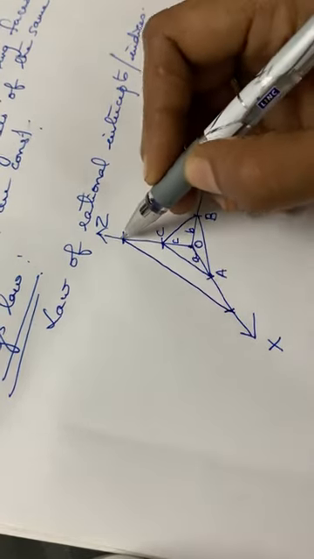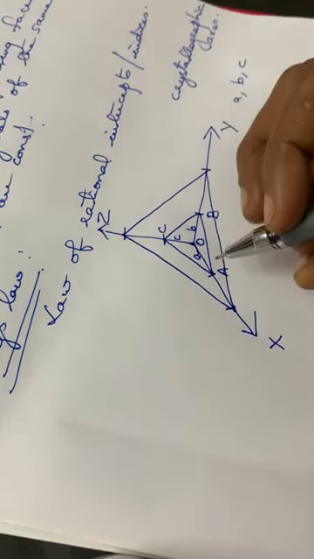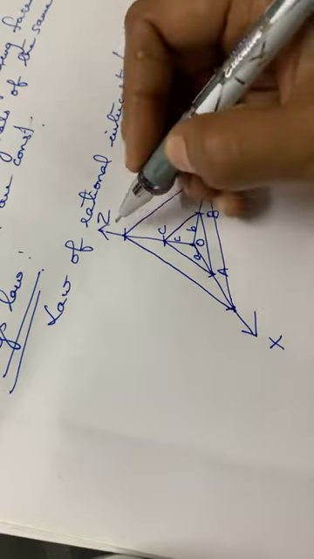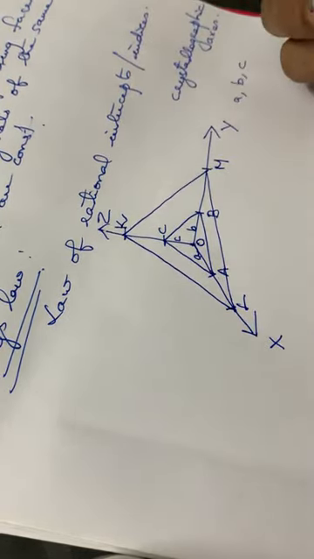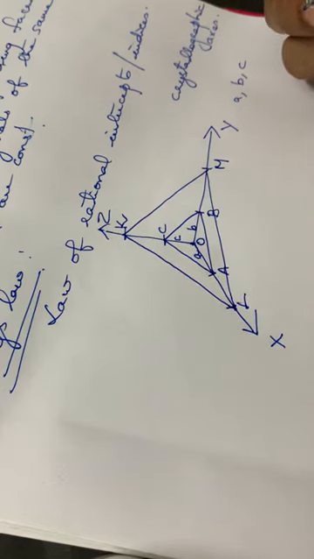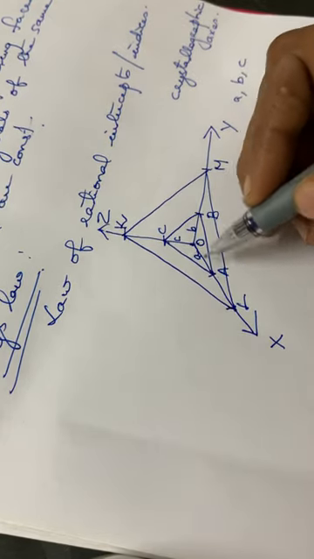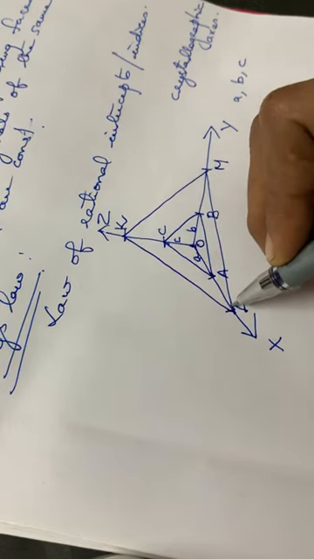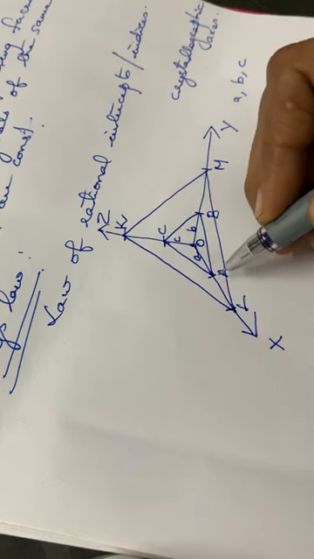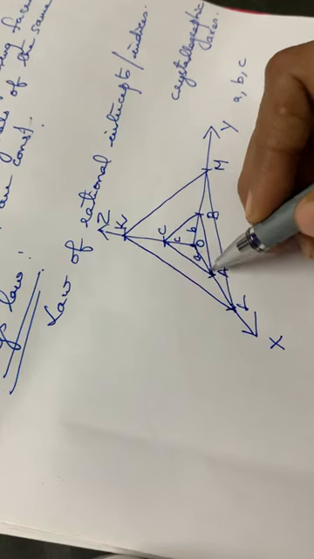Then again we can draw a triangle like this, and let this triangle be K, L and M. According to this law of rational indices, the intercepts of any face of a crystal, OA is one intercept and OL is another intercept, along the crystallographic axis are either equal to the unit intercepts a.